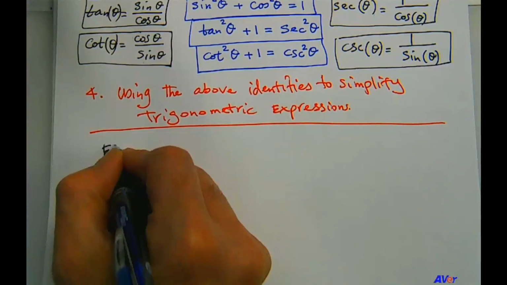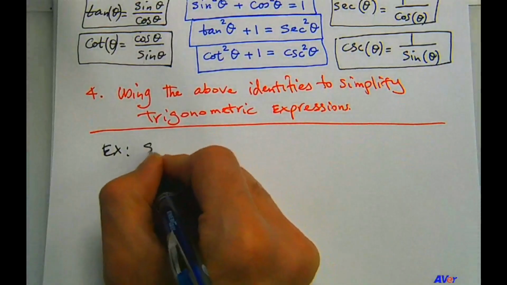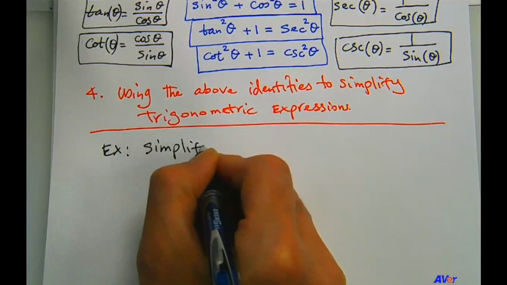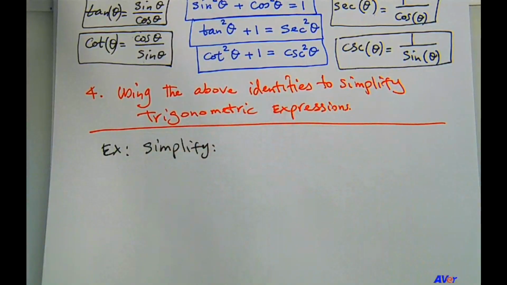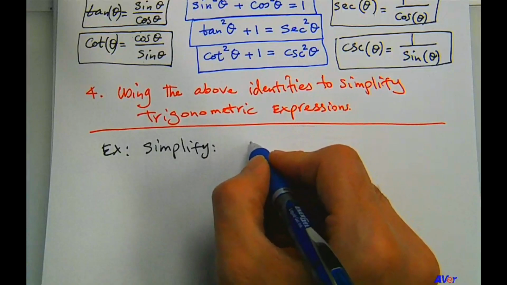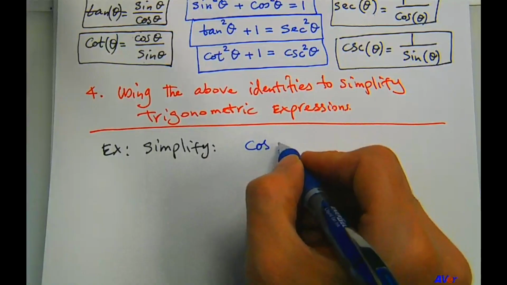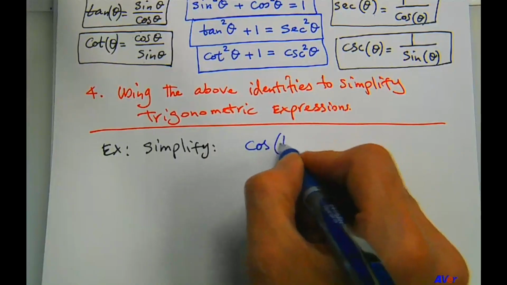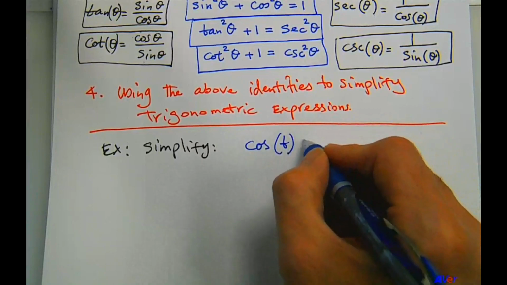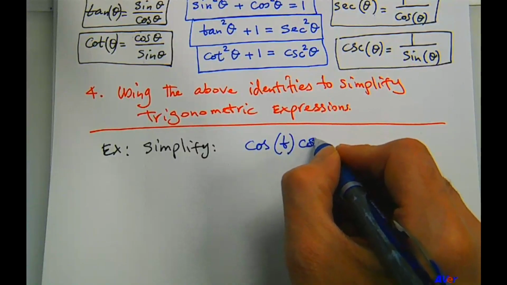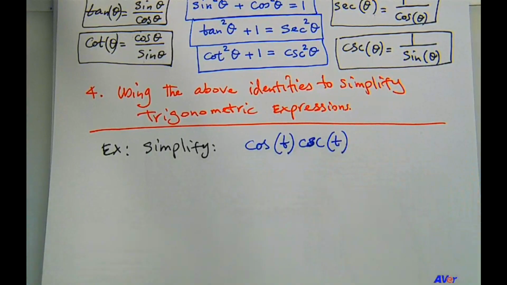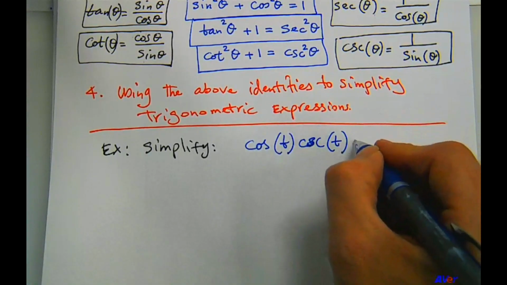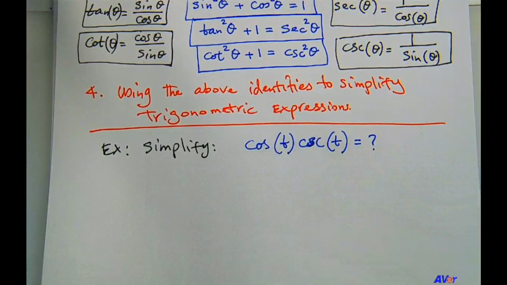So we want to simplify this expression. Let's start with an easy one. Simplify cosine of t times cosecant of t. Okay, so we want to simplify this.